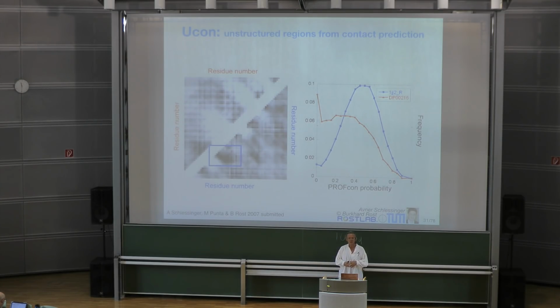But we felt that nevertheless, the contact map may be good enough to distinguish between disorder and not. And we had two proteins here. This is well ordered, and this is the predicted contact propensity, and this is disordered. In this particular case here, more contact, fewer contacts.